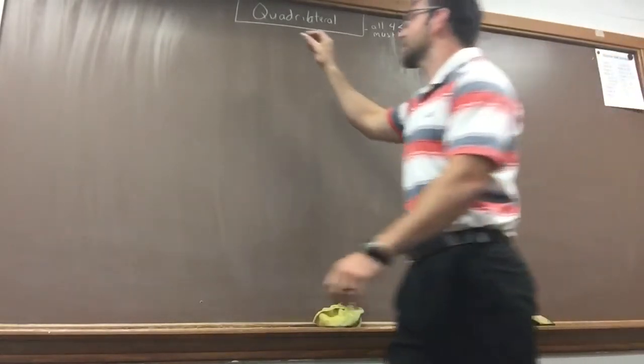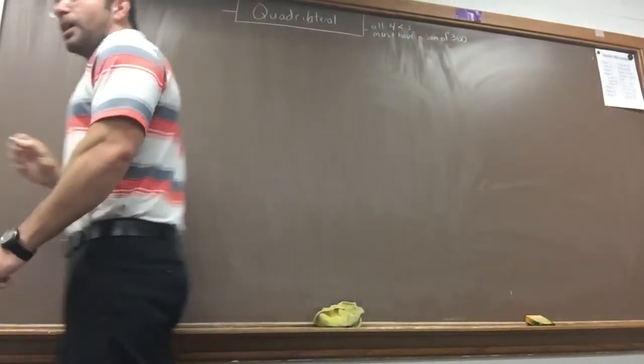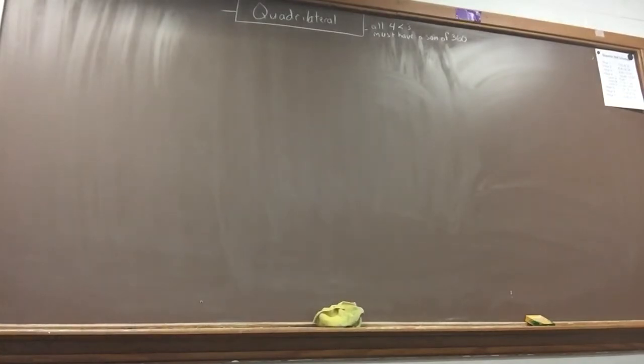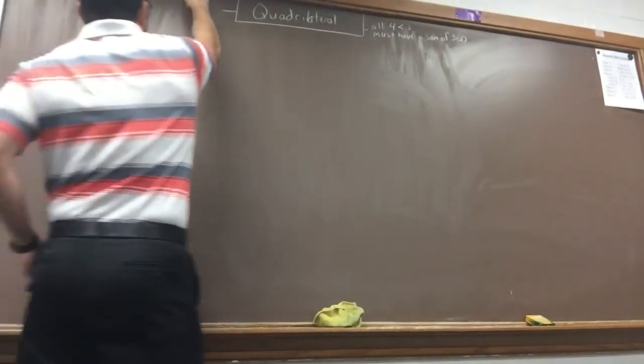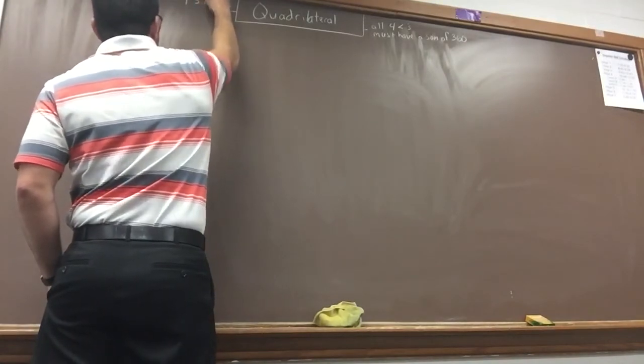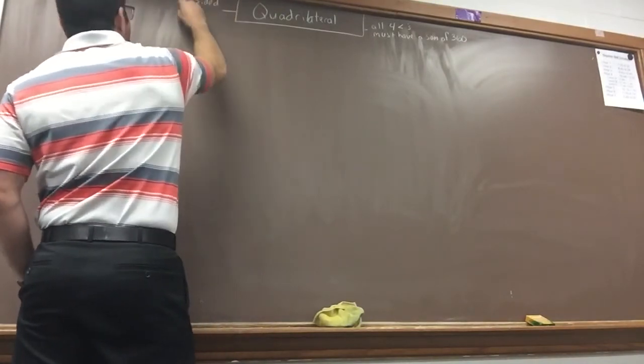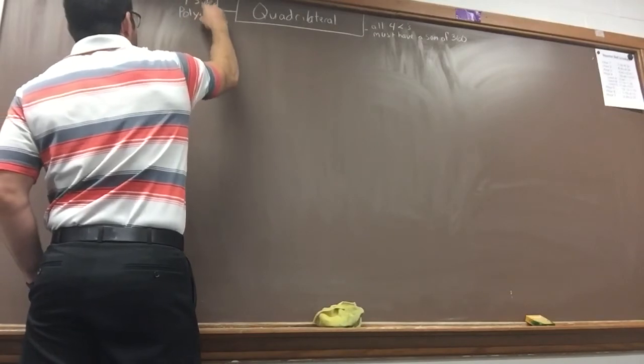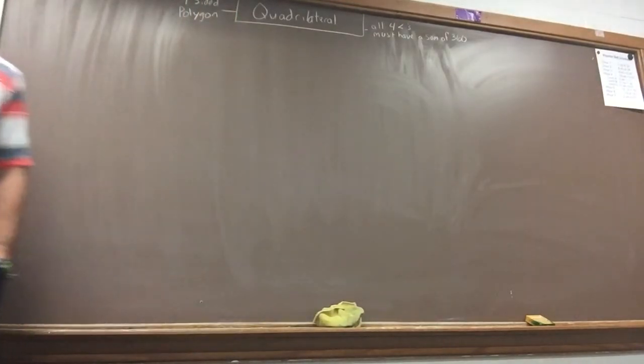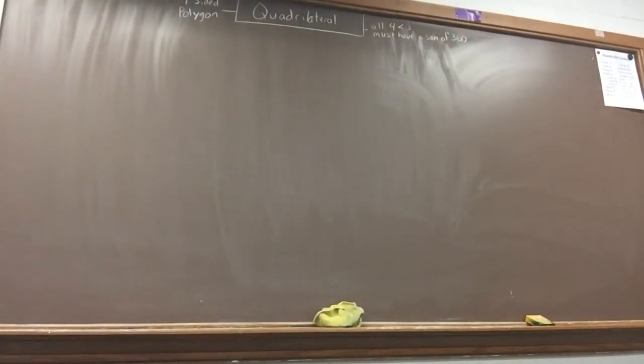What's one other thing that we know about quadrilaterals? Yeah. It is a four-sided, what is it? Polygon. Good. The reason we use polygon is because that's what it is. It's a polygon. Okay? Still with me there.